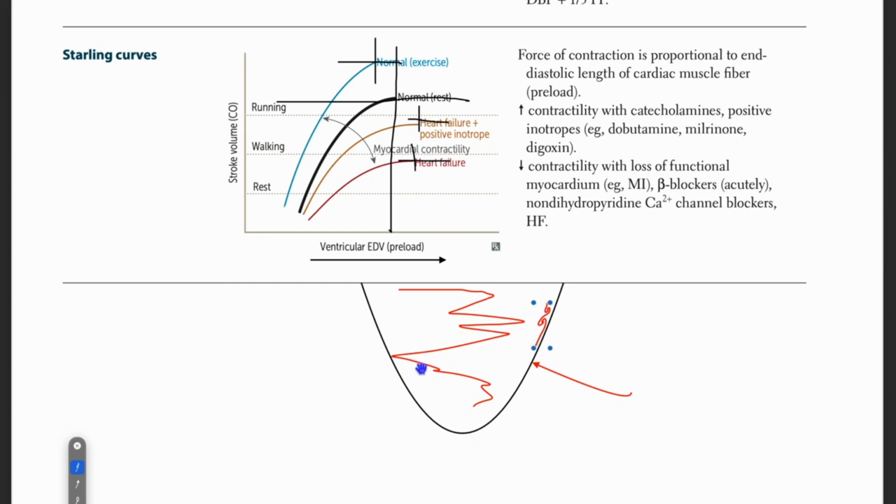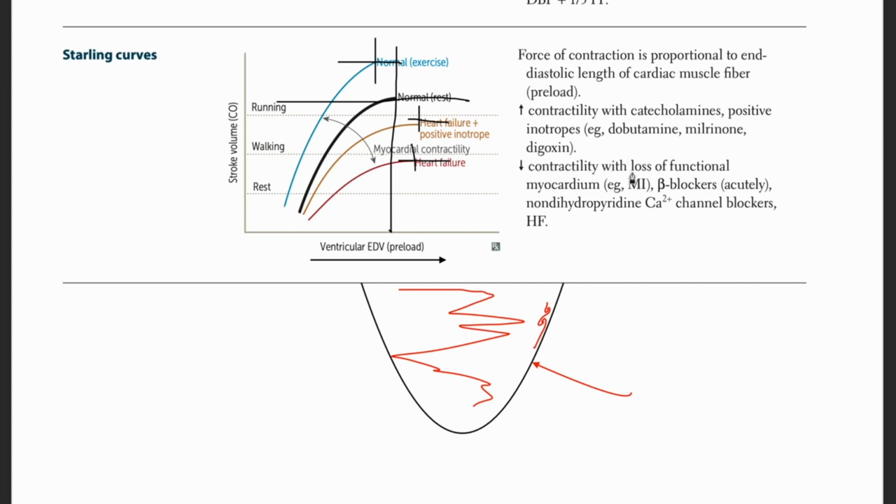So more fluid, more contraction. So it's proportional to the preload. Okay. Increase in contractility with catecholamines, positive inotropes, that's dobutamine, milrinone, digoxin. Some way or another, they'll increase calcium in the intracellular space.